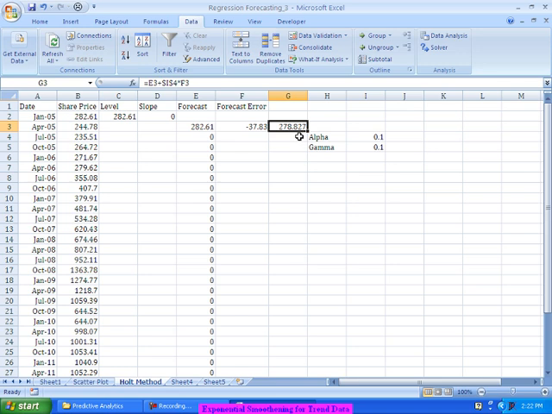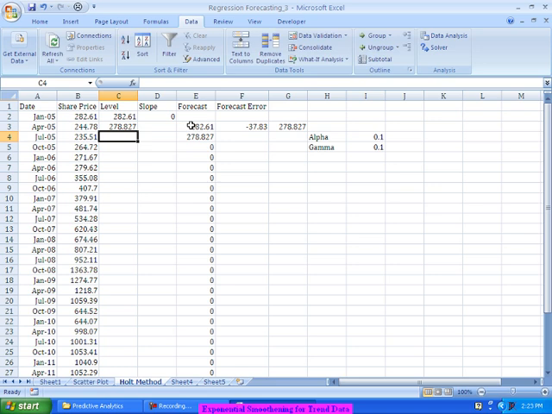Now how do I arrive at this 278.82? The other way of handling this 278.82 is to do it as alpha times the share price, which is the actual value, plus 1 minus alpha times the forecasted value.